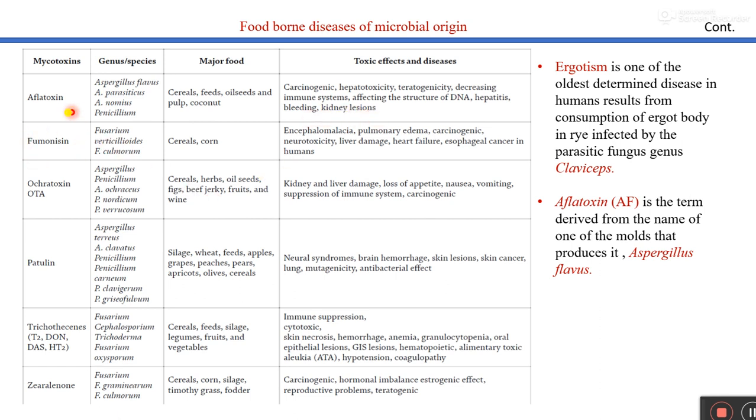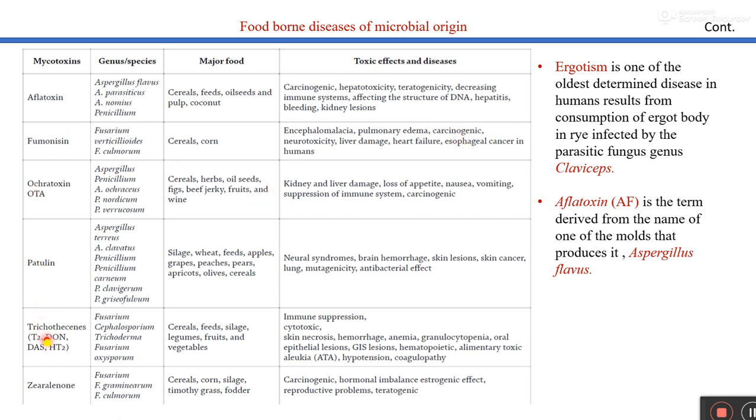Another important mycotoxin is fumonisin. Fumonisin is generally produced by the fungi of genus Fusarium, and these fungi generally grow on cereals and corn, and this toxin generally causes encephalomalacia, pulmonary edema, and this toxin is also responsible for the development of cancerous cells in the human body.